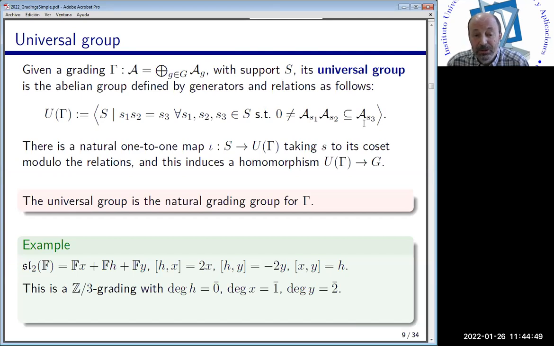Yes, because we take H of degree 0 and X of degree 1 and Y of degree 2 in the integers modulo 3.